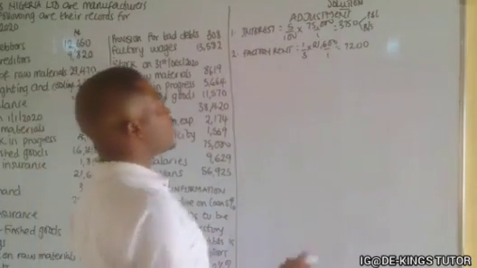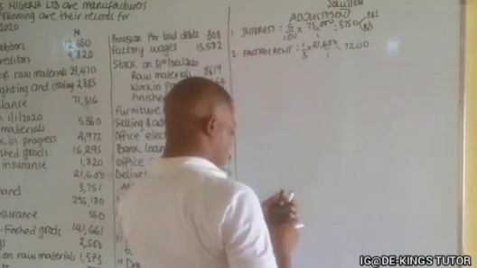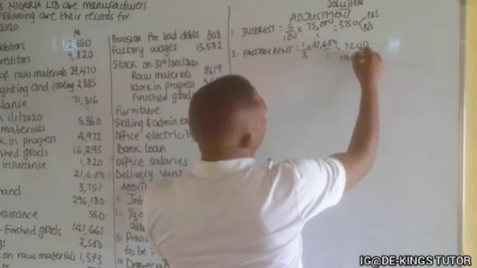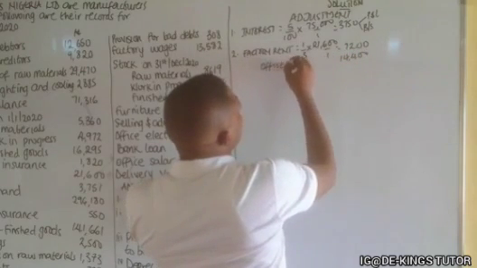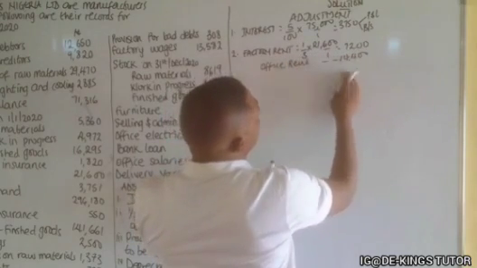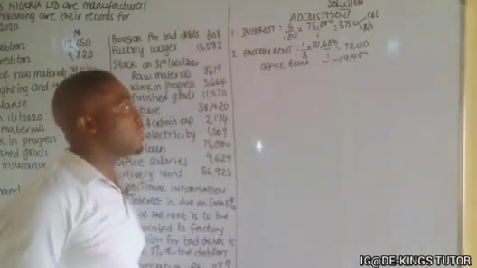Okay? So the completion of that, it means 21,600 minus this will give us 14,400. 14,400 is the office rent. So why this one calculated becomes the factory rent in case we are posting.